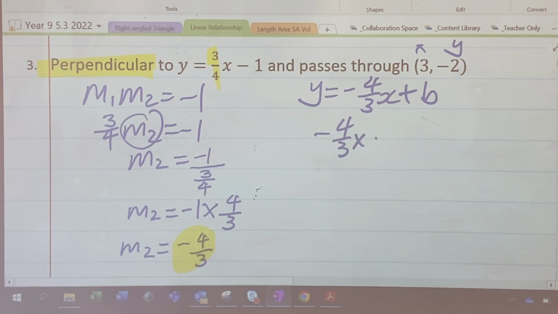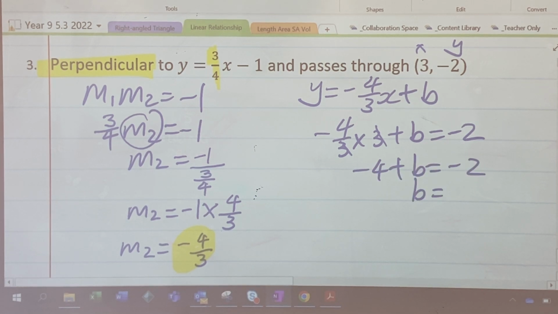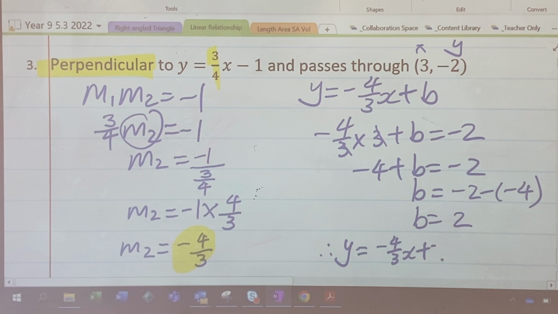What's x? x is 3, plus b equals negative 2. The 3s cancel. What's b? Negative 2 minus negative 4, so negative 4 plus 2 is negative 2. Therefore, conclusion, y equals mx plus b.